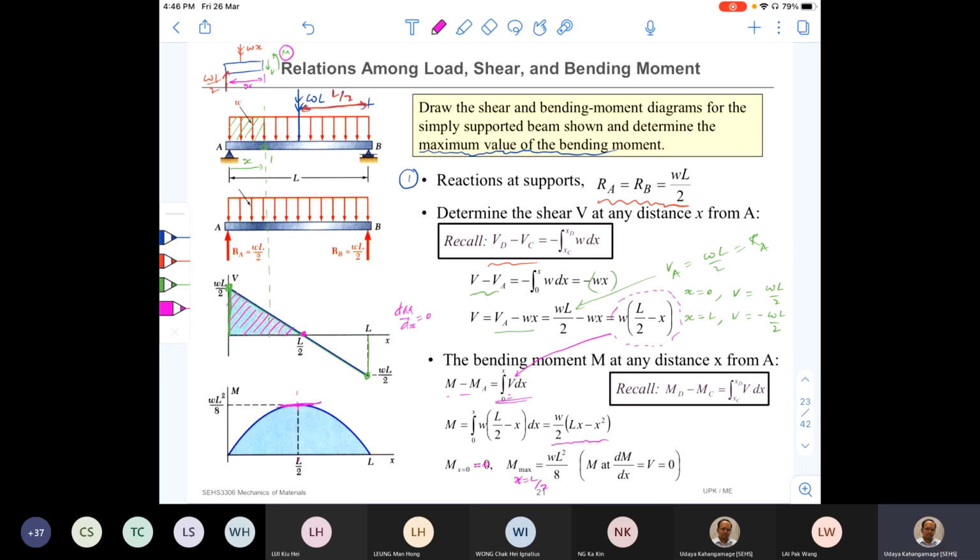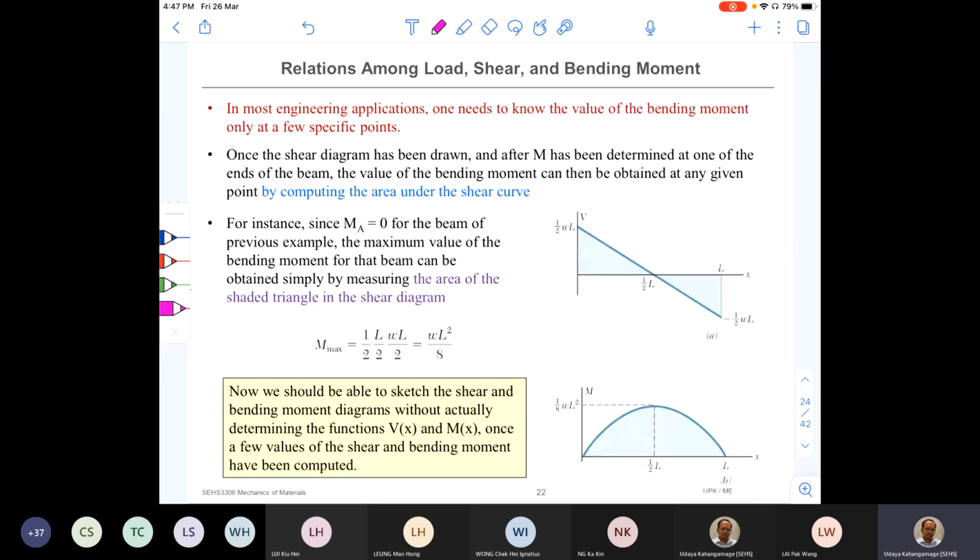You can see once you substitute X equal to L by 2, you get this answer, WL squared over 8. So you don't need to do this calculation to find this one, right? In fact, this WL squared over 8 should be equal to this area. So you can see it in the next slide.